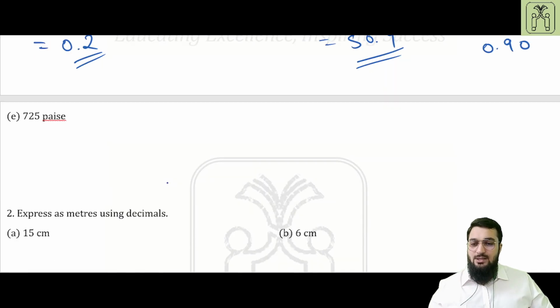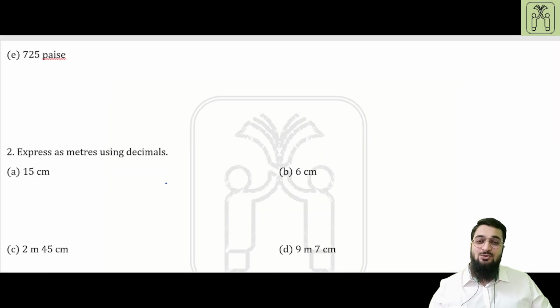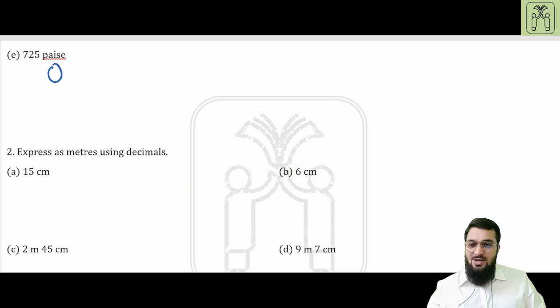Coming to the next part, 725 paise. This question is the same as the question which we discussed in our previous video, I think, 2 rupees and 115 paise. So how will this be done? We will write a big zero over here, but this big zero will be greatly disappointed after some time. So big zero, and then we'll add a decimal point and a blank.